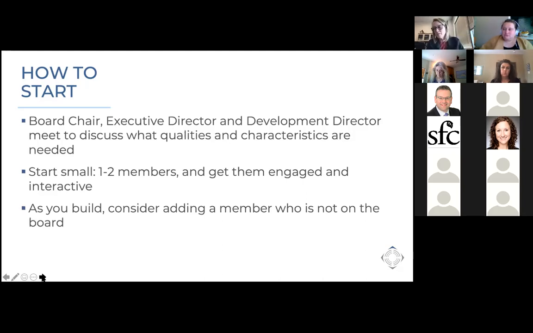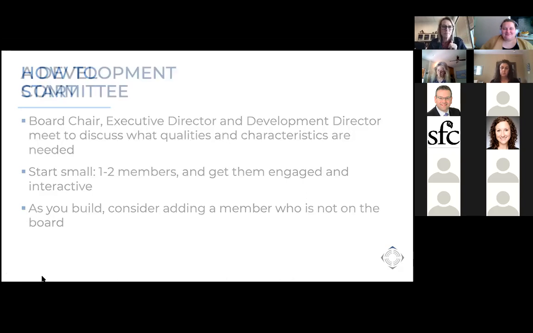But sometimes putting a non-board member on a committee like this is a great way to determine whether they're a great fit for your board, whether they really have the characteristics, the buy-in, and the passion for what you do, and to ask them to help you in a really specific way, especially if they have a skill set that you really need. Ask them to serve on a committee for a year or so, and then maybe invite them to the board after that. So those are a handful of things that I have found to be super helpful.